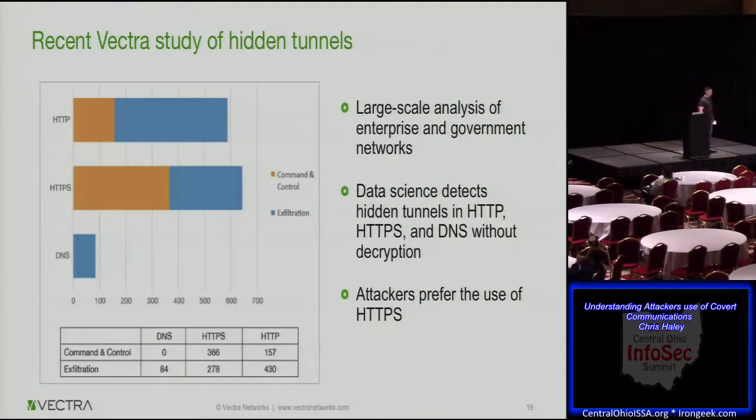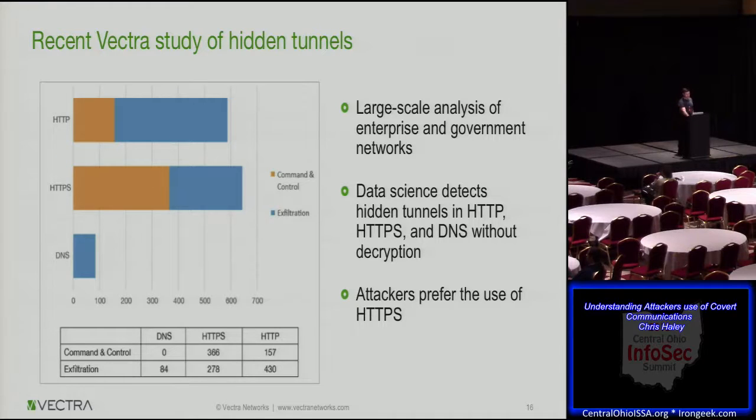What we found within our study, where we collect metadata from customers that choose to opt in, is an uptick in hidden tunnels and, more importantly, the use of SSL. Year over year, we've seen this progression in the use of HTTPS.